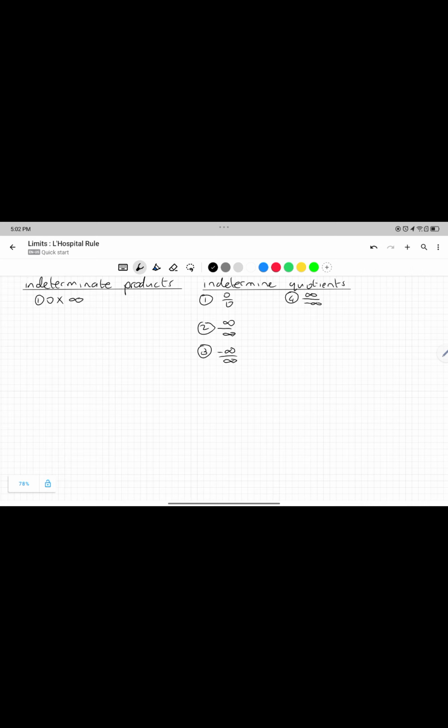And then indeterminate additions and subtractions.